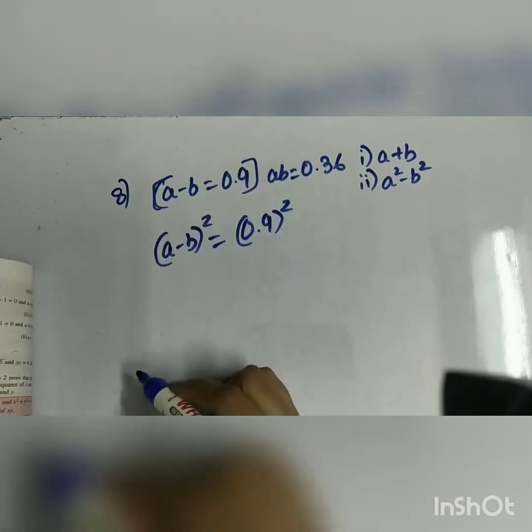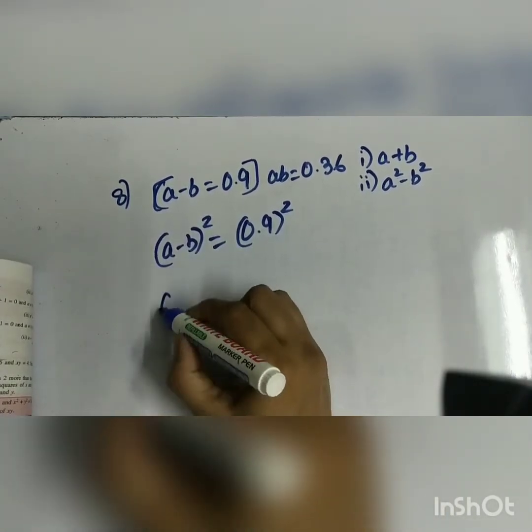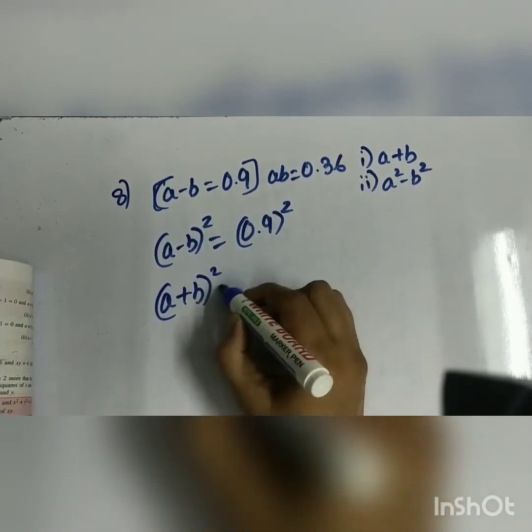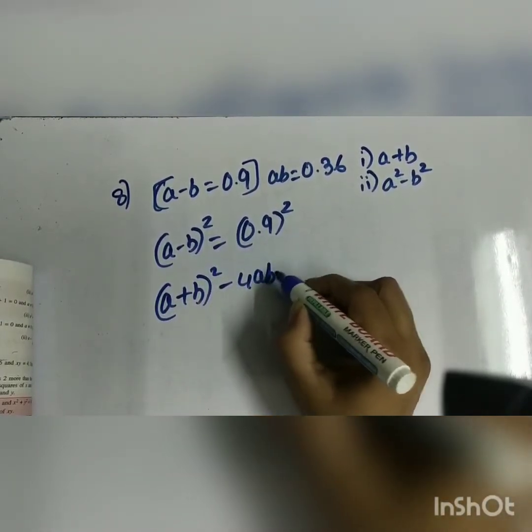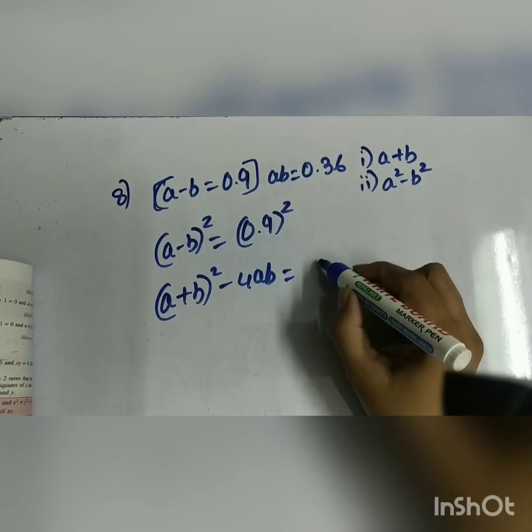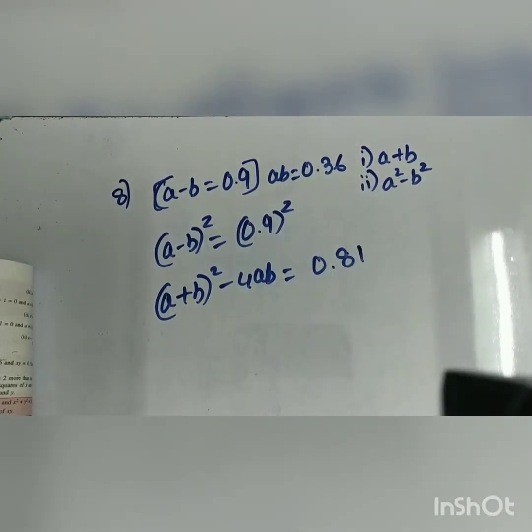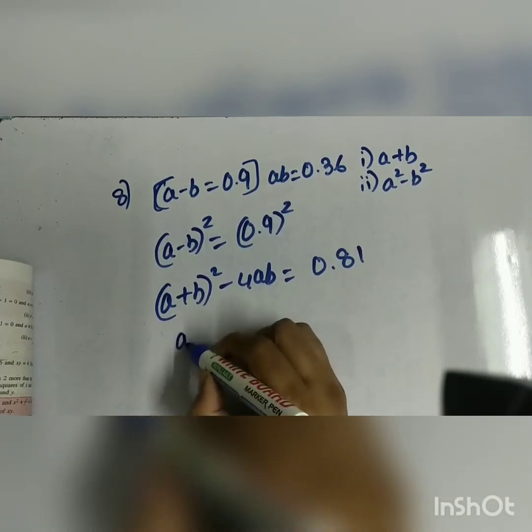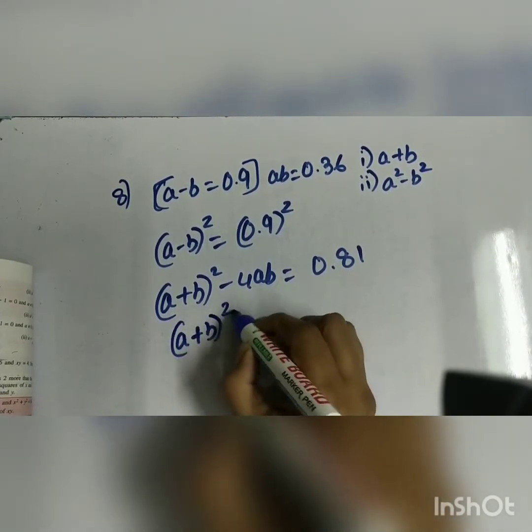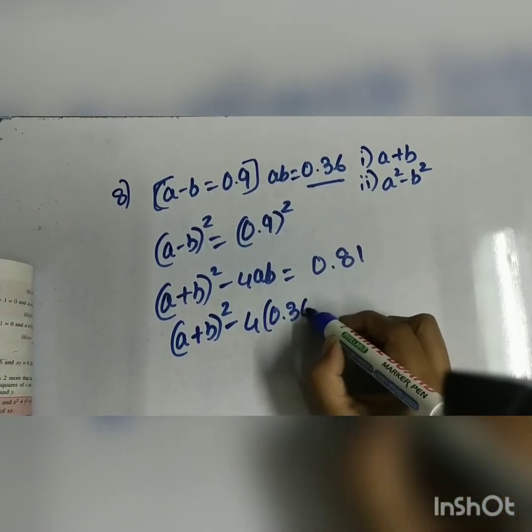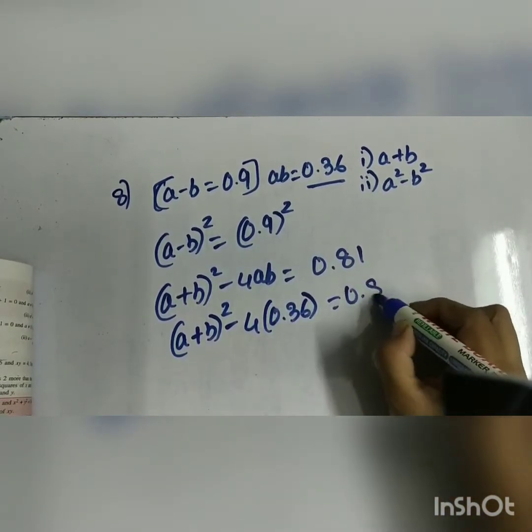Square both the sides. And I am going to apply the formula a minus b whole square is equal to a plus b whole square minus 4ab is equal to, what is 0.9 square? It is nothing but 0.81, isn't it? Now a plus b whole square as it is. AB value is being given as 0.36, is equal to 0.81.